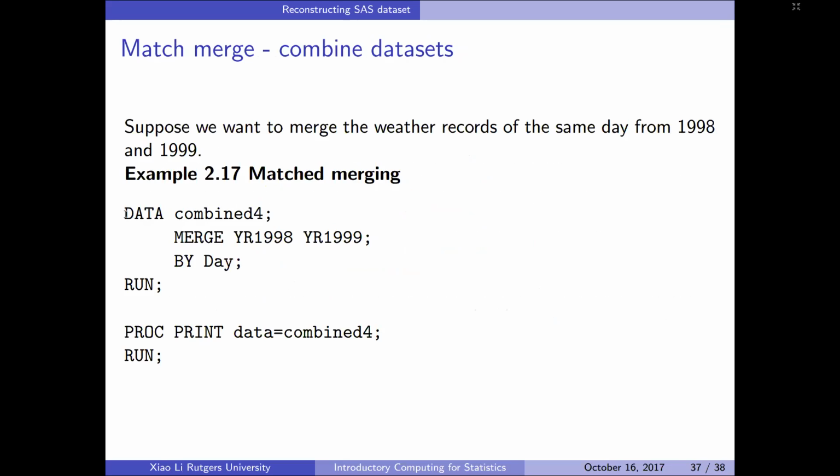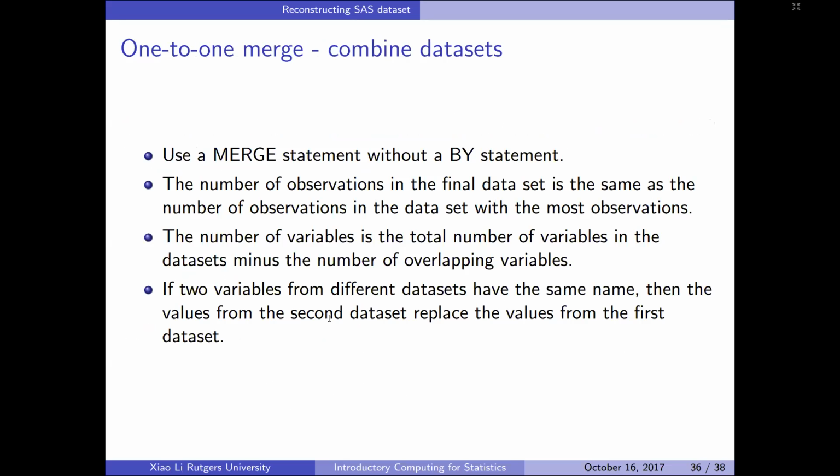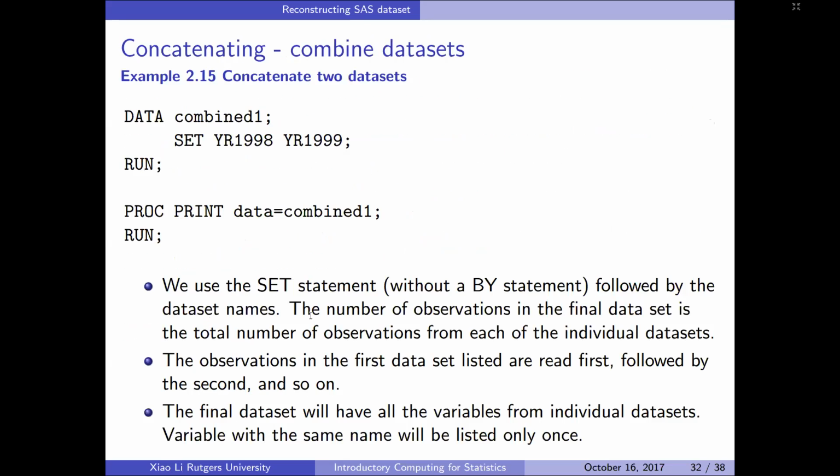For example, if we write our data step with a new dataset called combine 4 and the merge statement followed by year 1998 and year 1999, which we sort by day, the final dataset will look like this.